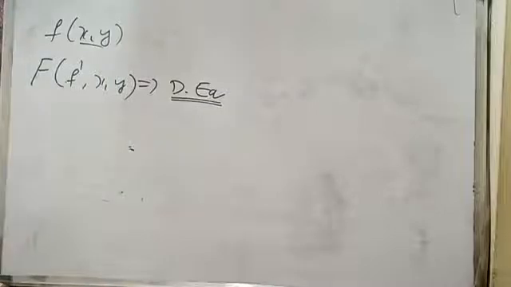So now I can define that an equation in which the independent and dependent variables are there and the differential coefficients of the dependent variable with respect to the independent variable are involved is called a differential equation. Let me write an equation so that we can understand in a better way, right?